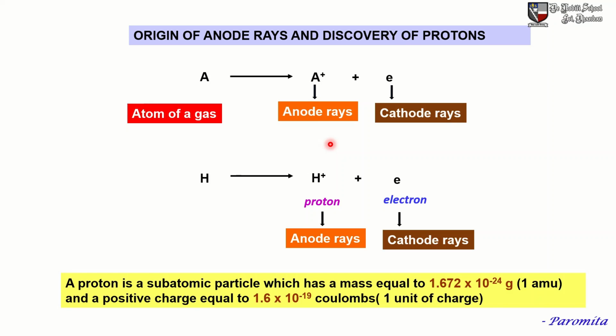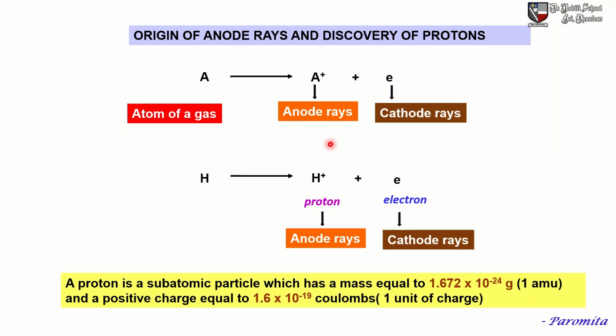Therefore, the anode rays produced by using various gases were analyzed, and it was found that the lightest positive particle having a unit positive charge could be obtained by using hydrogen gas in the discharge tube.